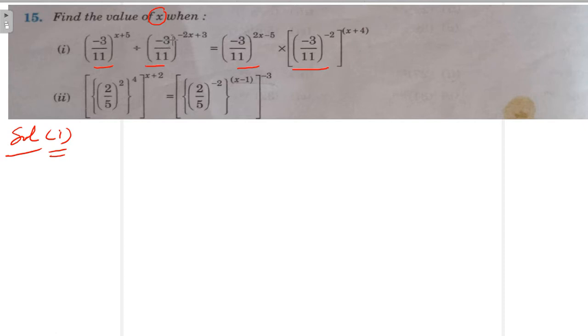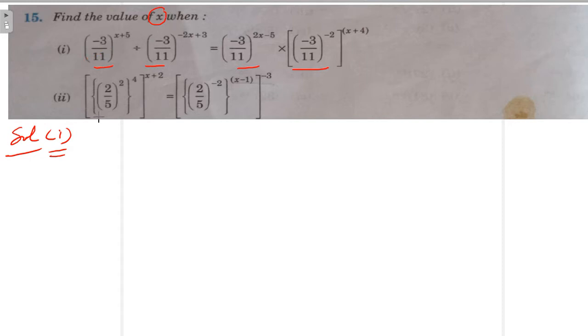So this will cut down with this. Base is same, so we can leave the base and take the powers.